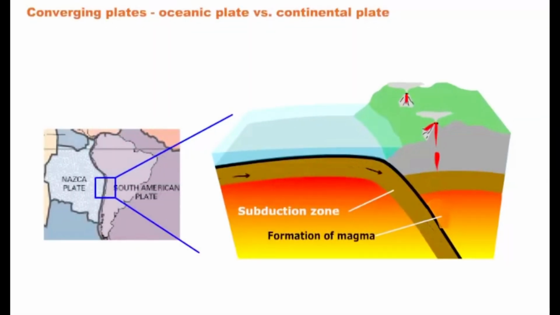All right, next, along the west coast of South America, the oceanic Nazca plate is subducted below the continental South American plate. So here, we have an oceanic plate versus a continental plate. This type of geological setting is the same as the region around Japan, except that it's continental versus oceanic.